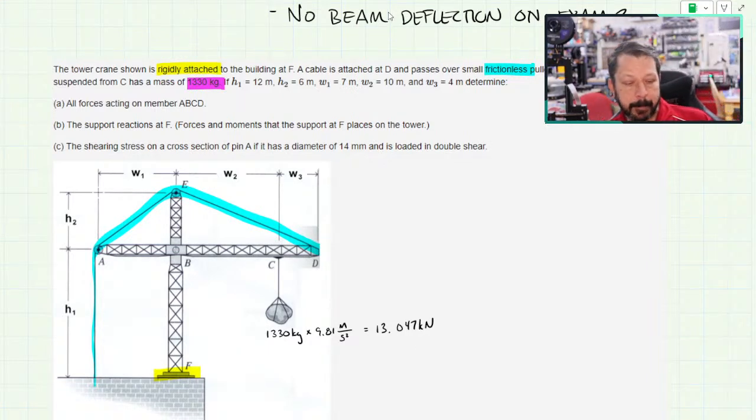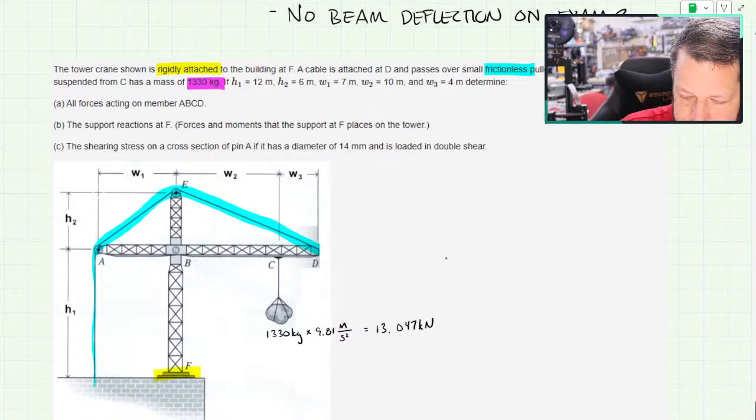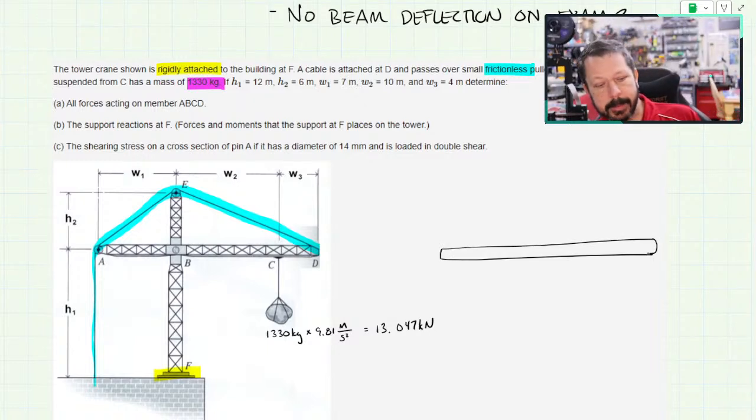Let's look for 2 force members. The cables are 2 force members, but other than that, there are not 2 force members. So let's just draw our free body diagram of the whole thing, because it is a frame, and normally when you have frames, the first thing to do is find the external reactions.